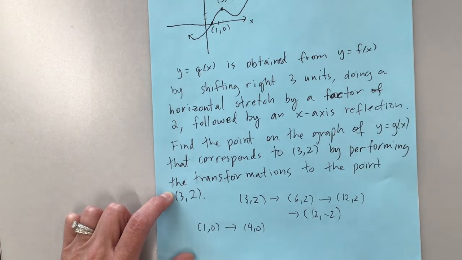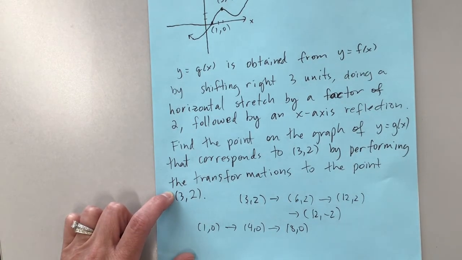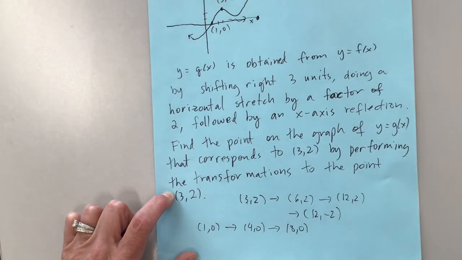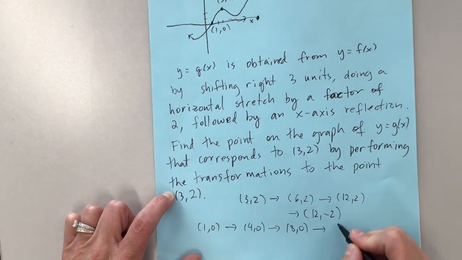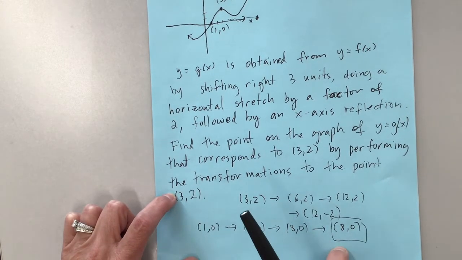Then we do a horizontal stretch by a factor of 2, so we multiply the x-coordinate by 2. Next, we do an x-axis reflection. The point (8, 0) is on the x-axis, so when we do an x-axis reflection, it doesn't go anywhere. Under those transformations, the point (1, 0) goes to the point (8, 0).